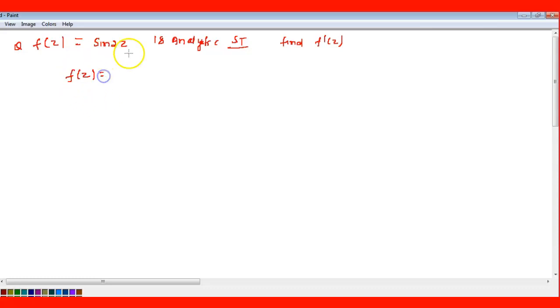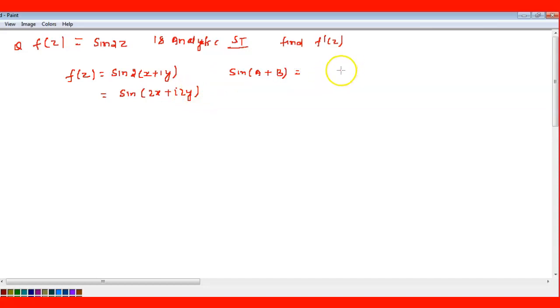F of z is equal to sine of 2z, and z is equal to x plus iy. Sine of this one you can also write as 2x plus i into 2y, right? Because 2 is the angle only, so we can multiply. Any doubt till here? Now we can break it in sine a plus b form.